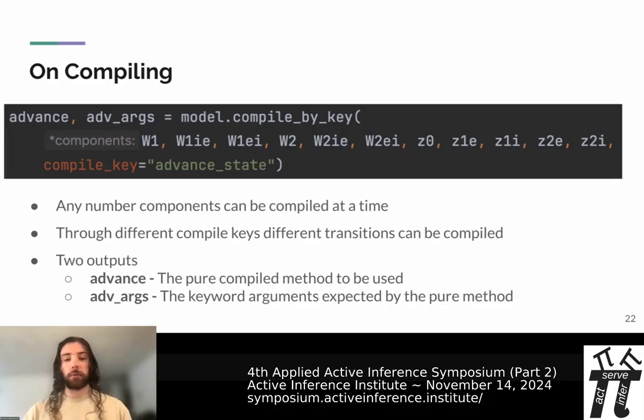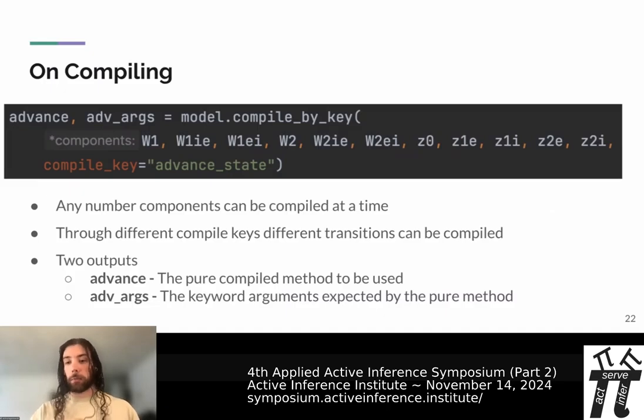And so in this line of code here, we'll do model.compile by key. This is on your context model, the whole model. We give it a bunch of components, W1, W1IE, and so on and so forth, and then we tell it, compile advanced state.